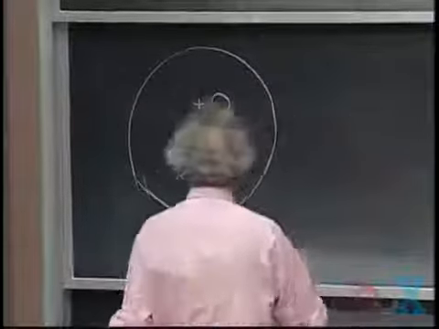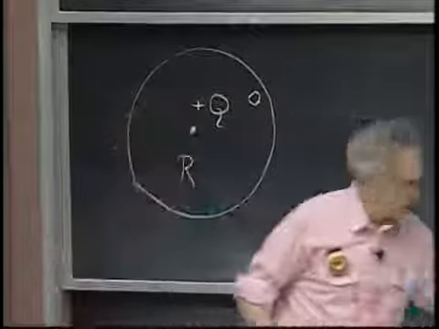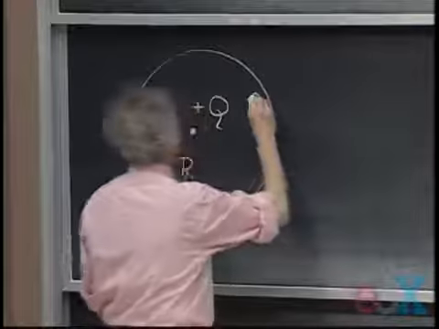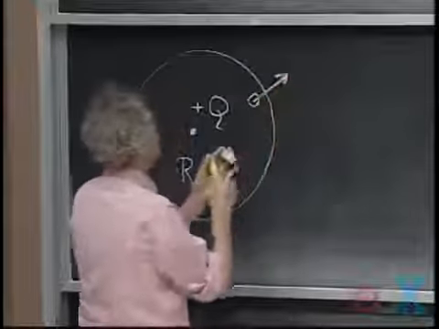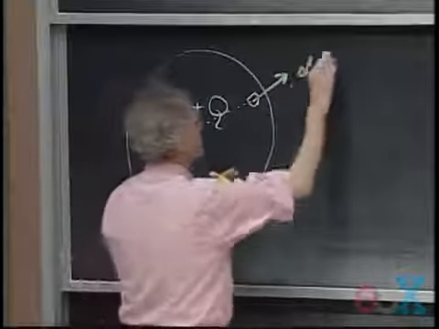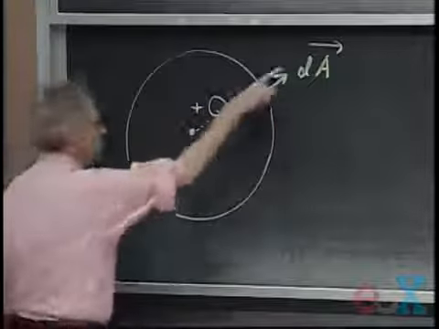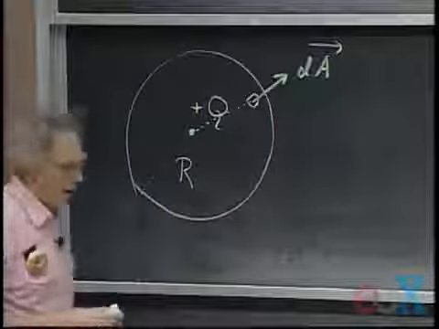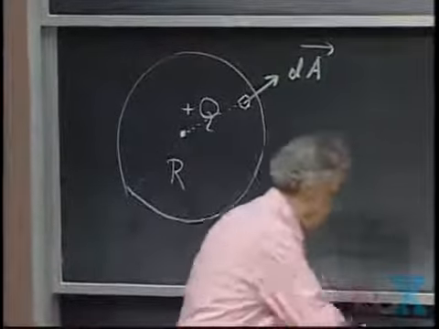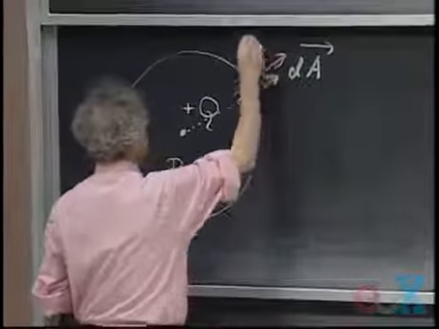Well, I pick a small element dA here, and that element dA is radially outward. dA, this is the normal to that surface, so that is radial. The electric field at that point is also radial. We have dealt with that before.